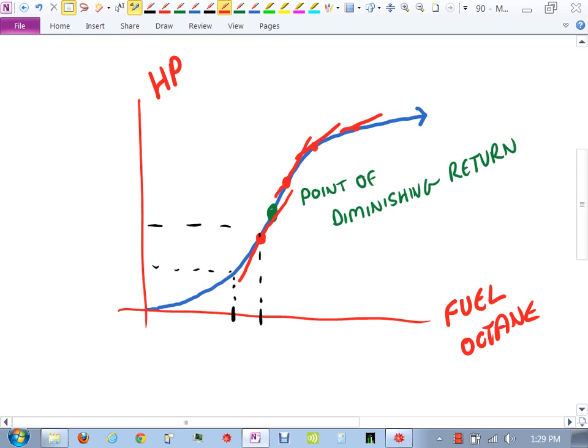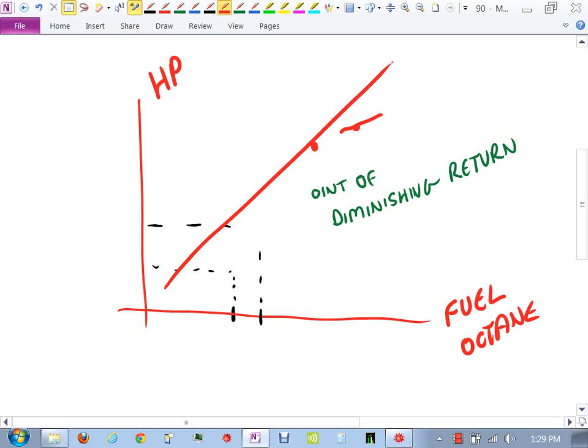Not everything necessarily would. I mean, some graphs might be linear, in which case the more you put in, the more you get out. There's no point of diminishing return. I'm just saying every model is different in the real world.